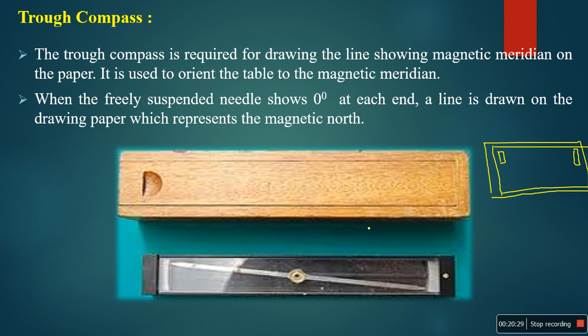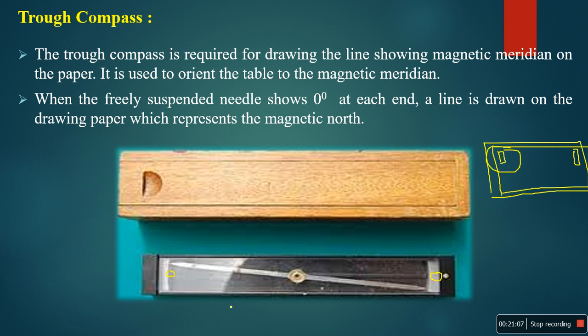After keeping this, you have to rotate the plane table, don't rotate the trough compass. You have to rotate your plane table until the needle comes to 0 at the exact center. Here they are marking the 0 degree, and some degrees and minutes on this side also. If the needle is exactly at the center, at 0 on both sides, then stop rotating the plane table.